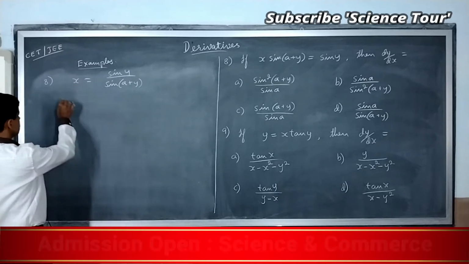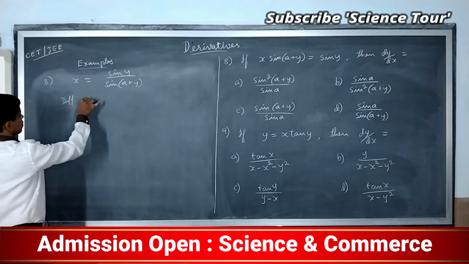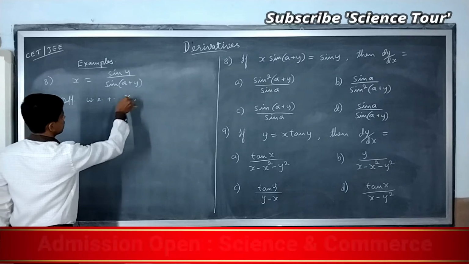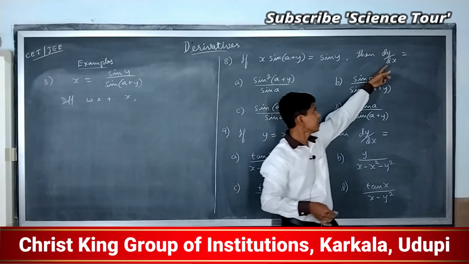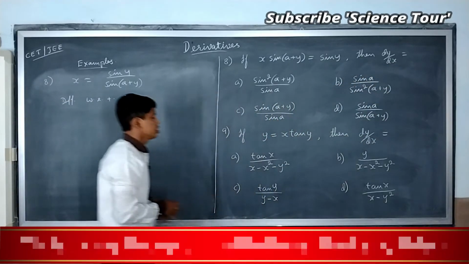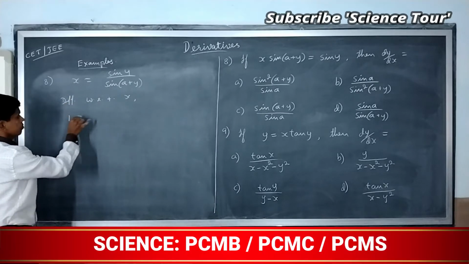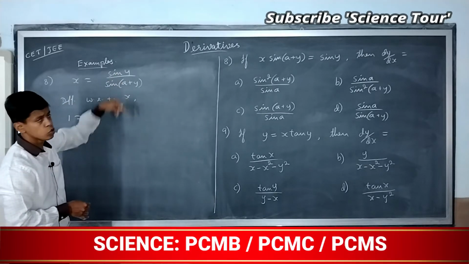Now let me differentiate with respect to x, because we need dy by dx. So with respect to x, you have to differentiate. So this will be 1, derivative of x, and quotient rule.